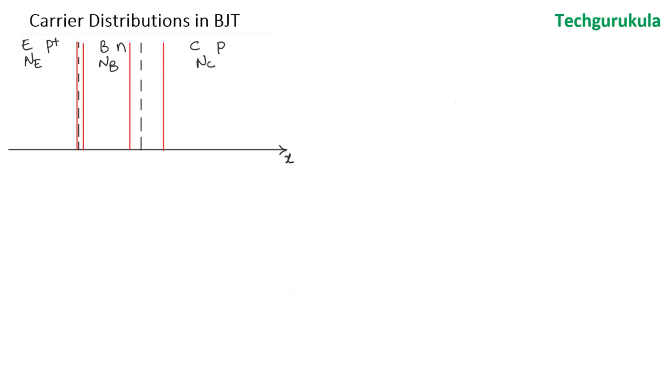And as we are discussing about the active region of operation, when BJT is in active, the emitter junction is forward biased and collector junction is reverse biased. Hence, I've shown here that the depletion widths here are smaller at emitter junction and larger at collector junction.